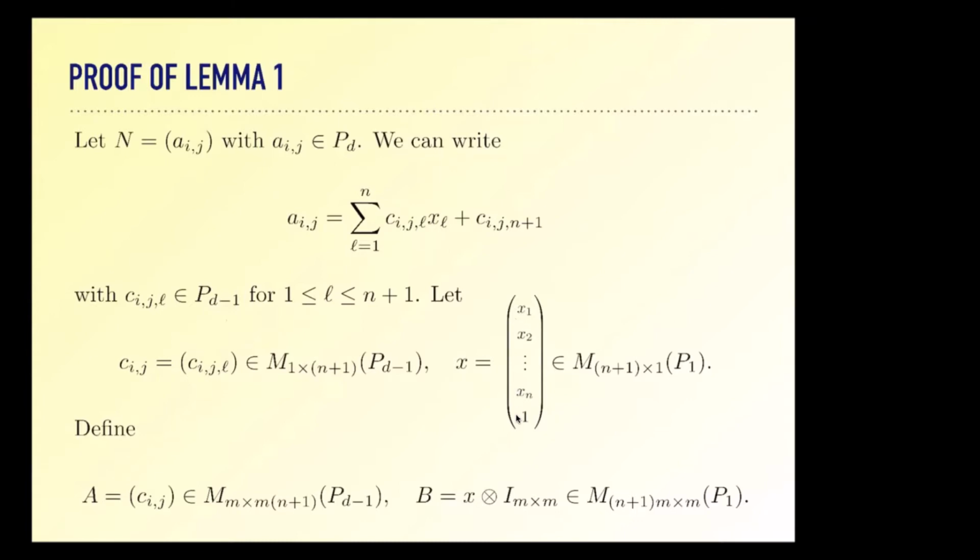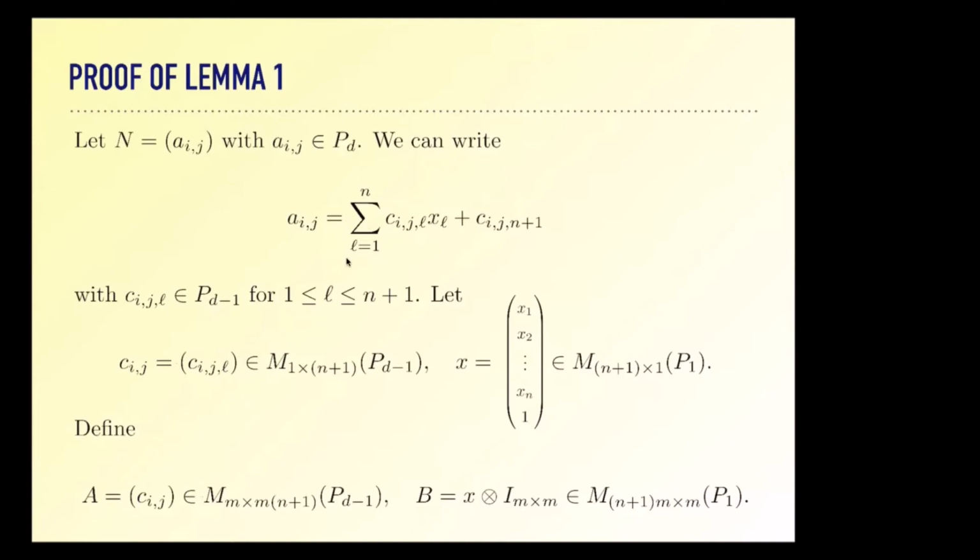Okay, and then you define your matrix A to be the matrix you get by taking these Cij vectors, these are row vectors, and putting them together in a matrix.